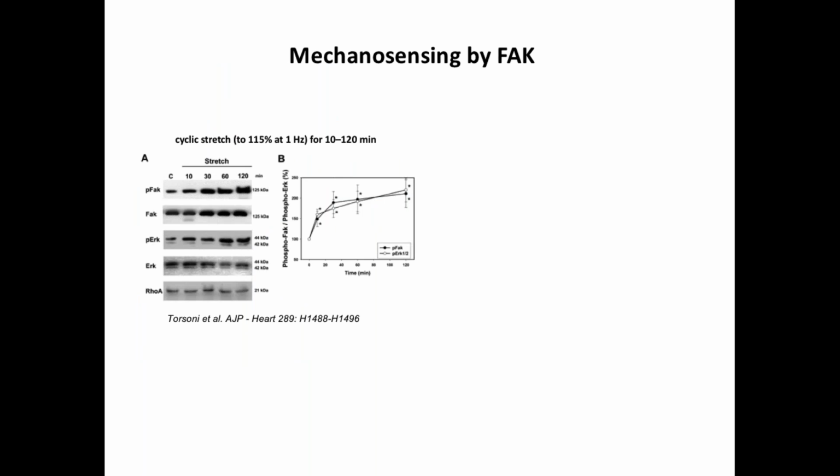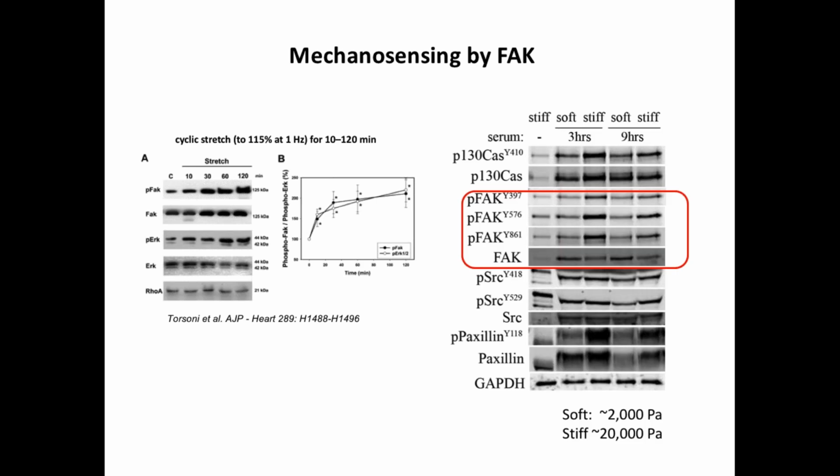These are two examples of how you see mechanosensing of FAK. These are cells that are stretched at different times, and what you see in this Western blot of cell lysates is that the total amount of FAK in these different stretched cells is constant, but the phosphorylation at the autophosphorylation site increases. Here's an example of cells that were placed on soft or stiff hydrogels.